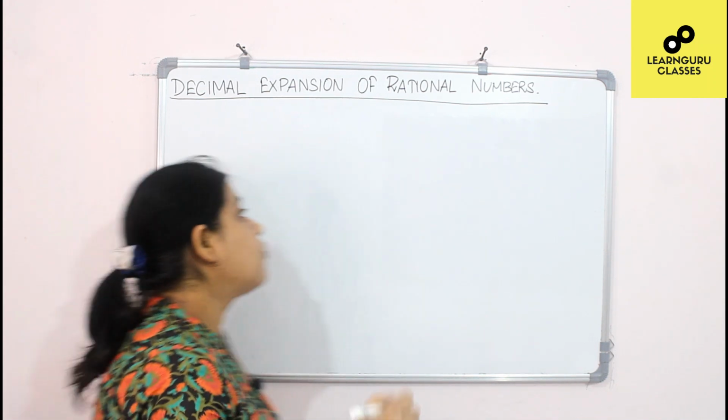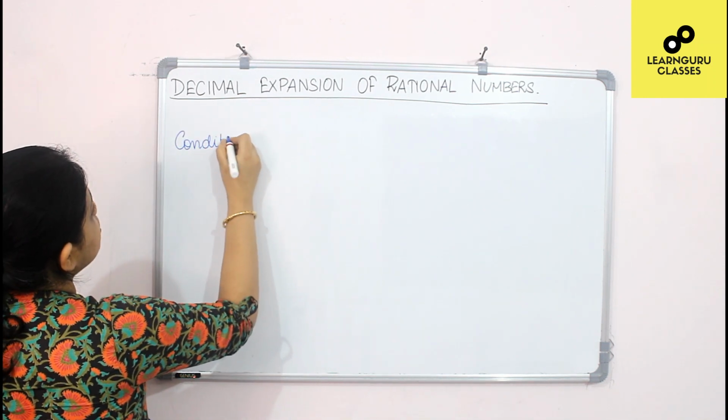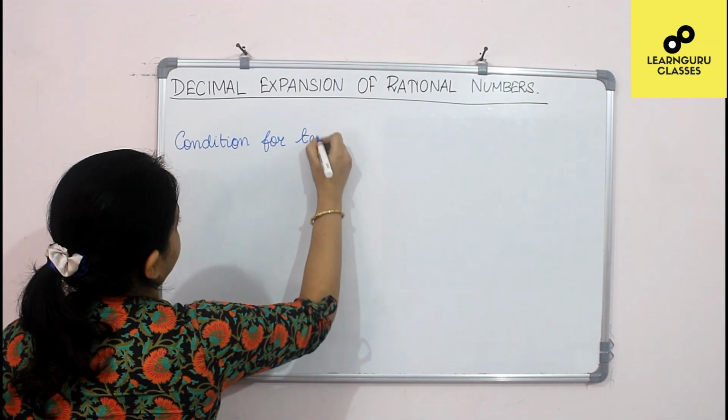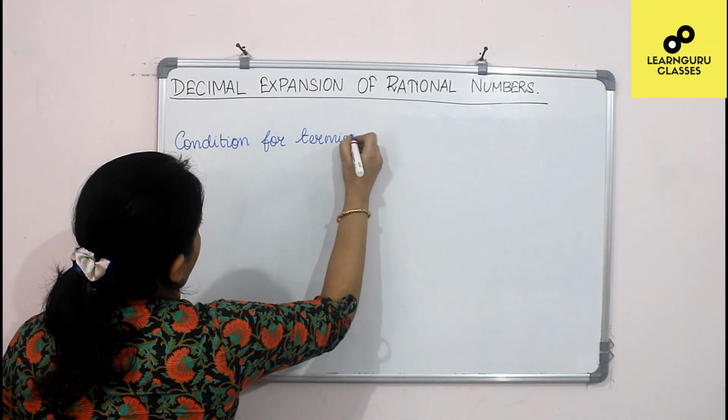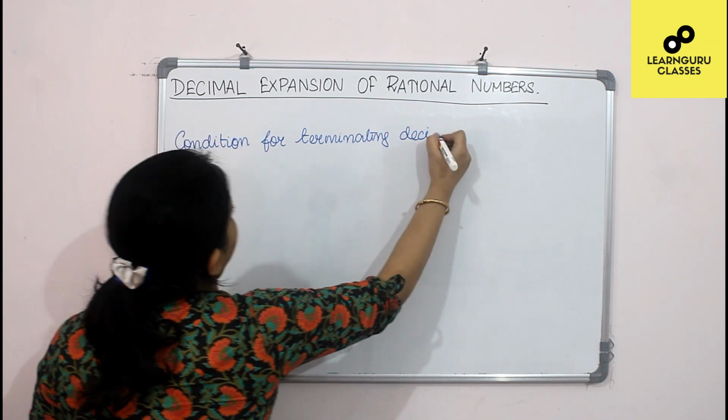So first of all, what is the condition for terminating decimal expansion? Terminating decimal expansion, how are we going to check?